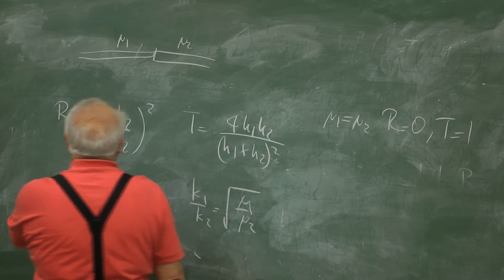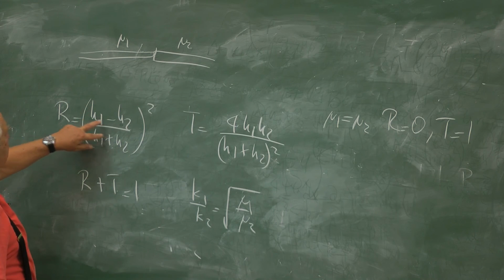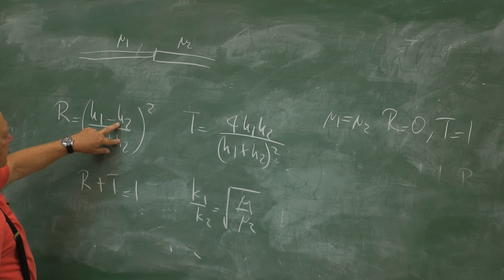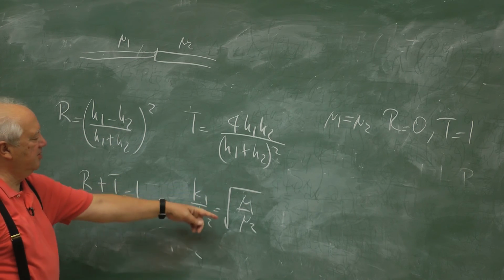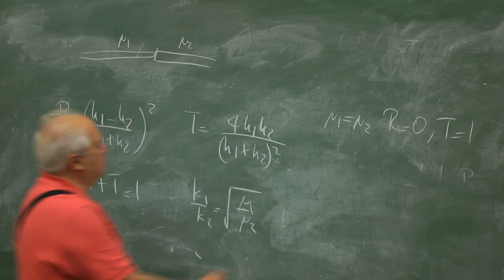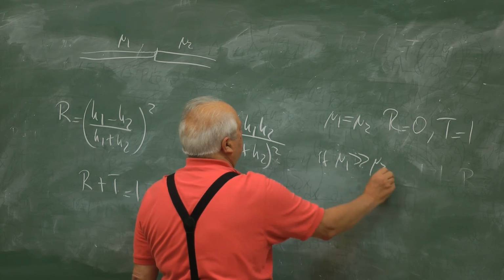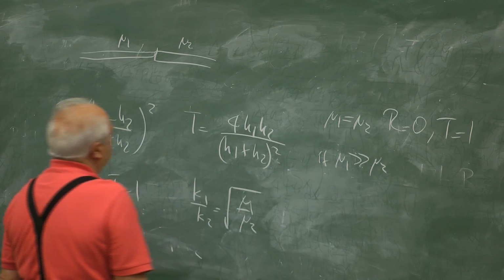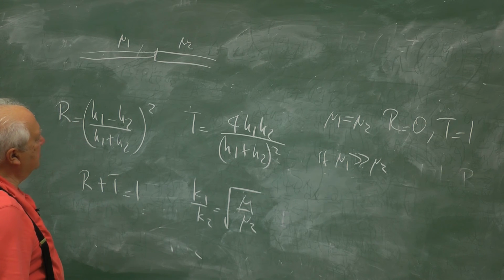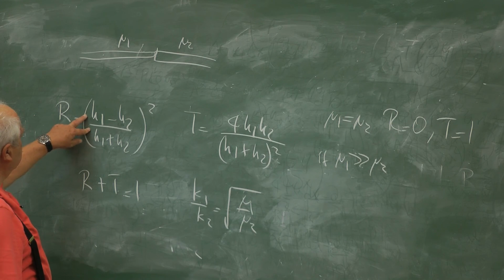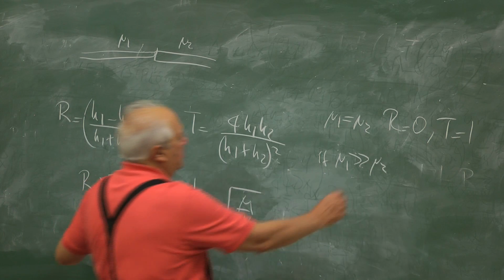Another thing is that if K1 is very much larger than K2, meaning that mu1 is very much larger than mu2, then r is 1, t equals 0.